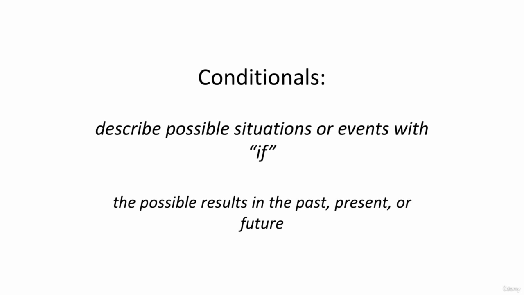We indicate the possible result or consequences of a particular action, either in the past, present, or future. The if clause tells you the condition, and the main clause tells you the result.